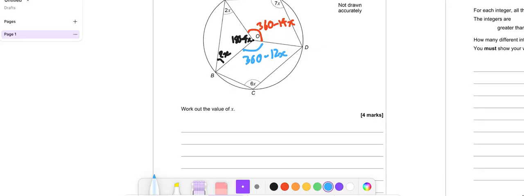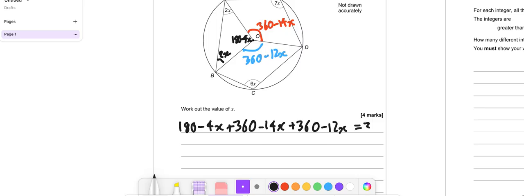Which means we've then got a statement that all adds up to 360. So we've got 180 minus 4x plus 360 minus 14x plus 360 minus 12x equals 360. So let's take all the x's over to this side. 12 and 14 and 4 is 30x, and then the 360 is here.